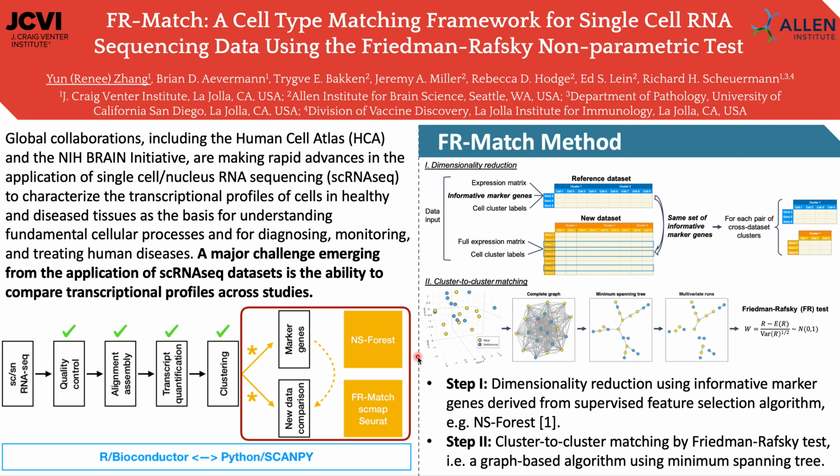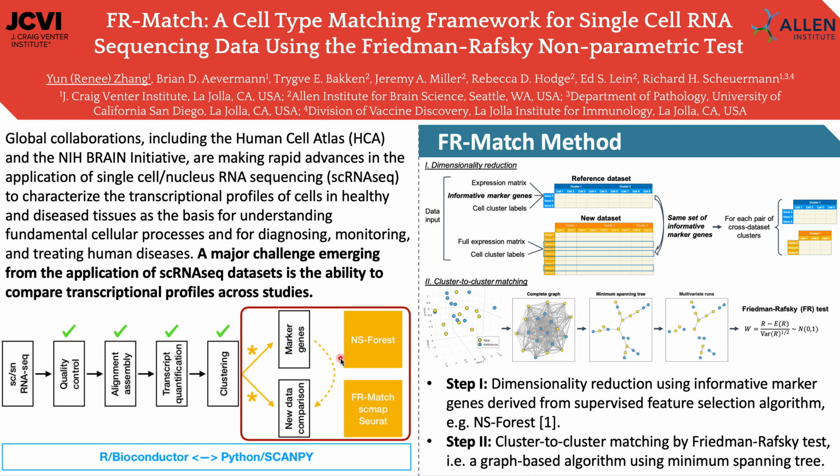In the flowchart below, a standard workflow has been established from data generation, quality control, sequence alignment, transcript quantification, and cell clustering. Our work is then highlighted in the red box, where after clustering, one branch is to identify marker genes for each cell cluster, and the other branch is to compare the identified cell clusters with new data.